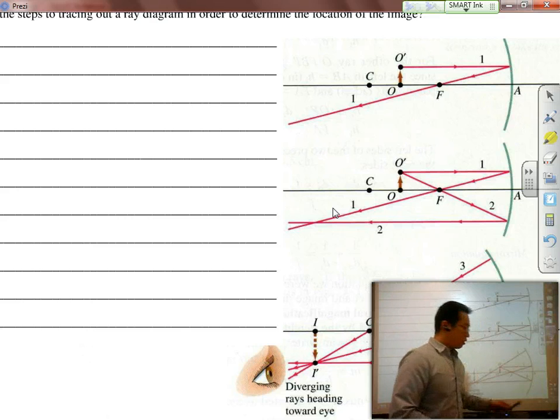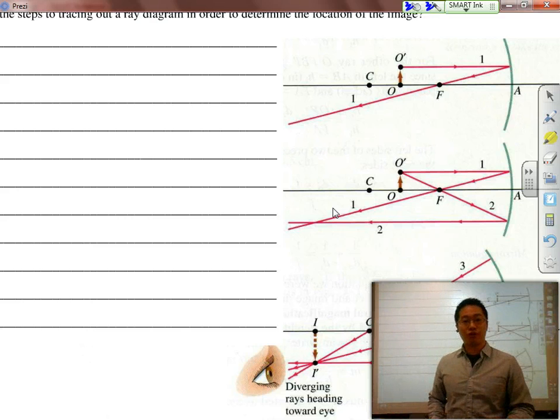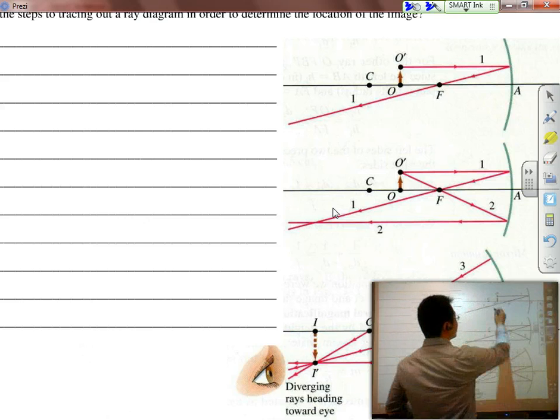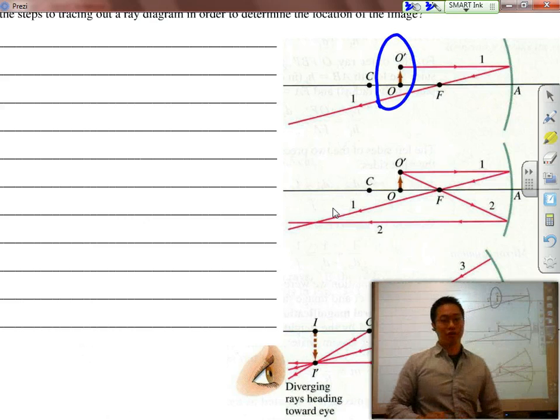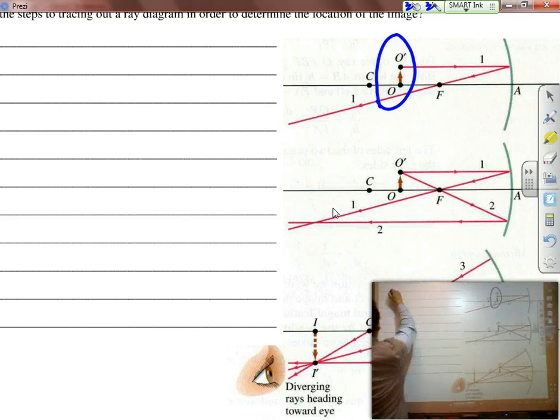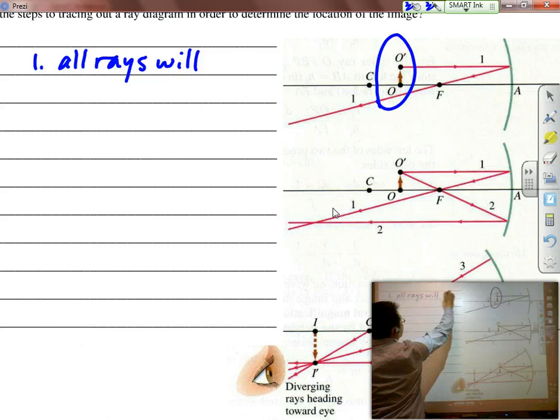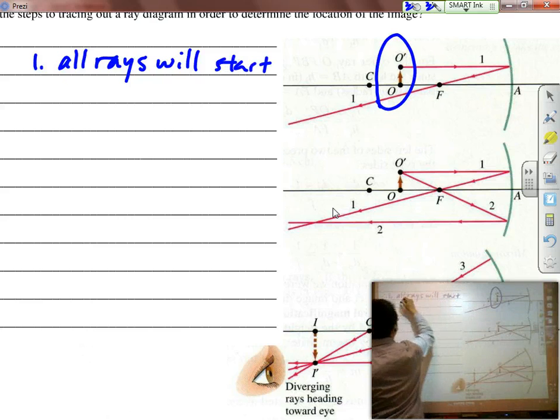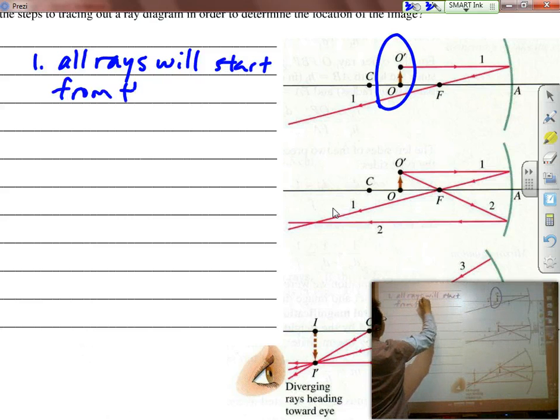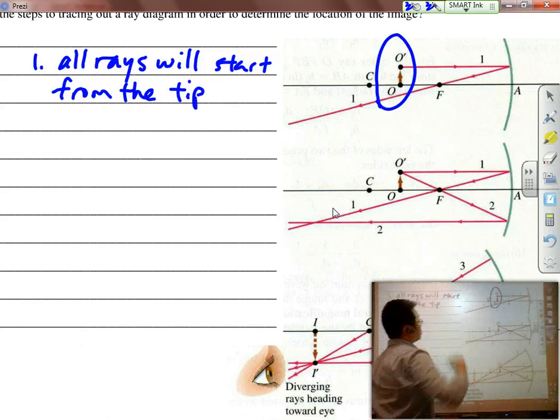Okay? First of all, we're always going to assume that we're going to use the tip of the object itself, which is going to be labeled O, as you guys can see over there. Okay? So all rays will start from the tip.